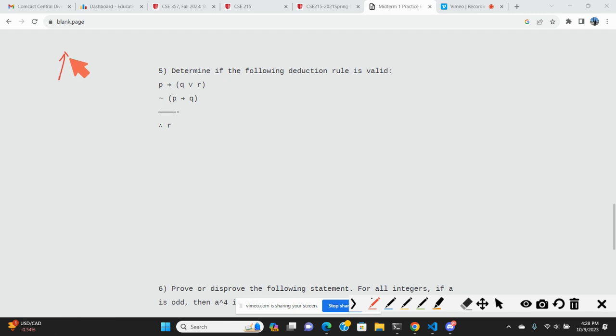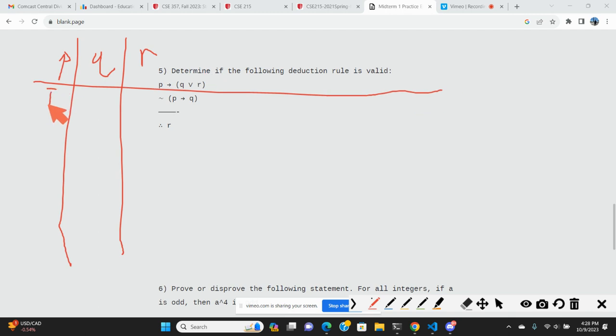Once again, P: true, true, true, true, false, false, false, false. Q: true, true, false, false, true, true, false, false.